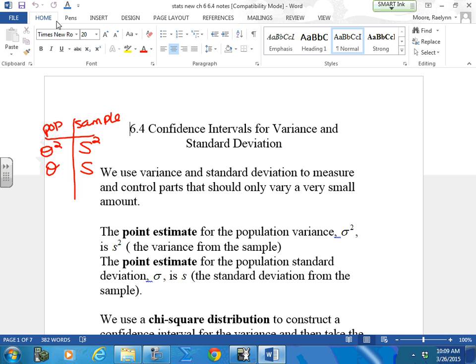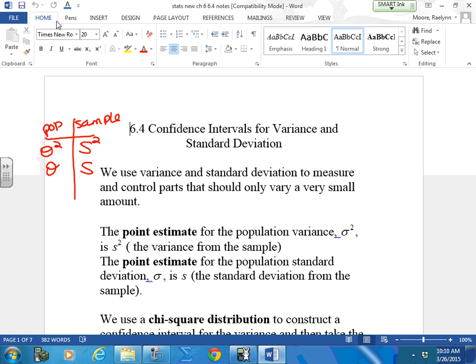You know how big a bolt can be? A bolt can be really small, it can be a little larger, depending on different sizes. So you have to control how much that bolt varies. It's extremely important that it fits exactly, otherwise your car is going to fall apart on you. When we control something that can only allow very little variance, like that little screw, we use a variance or a standard deviation.